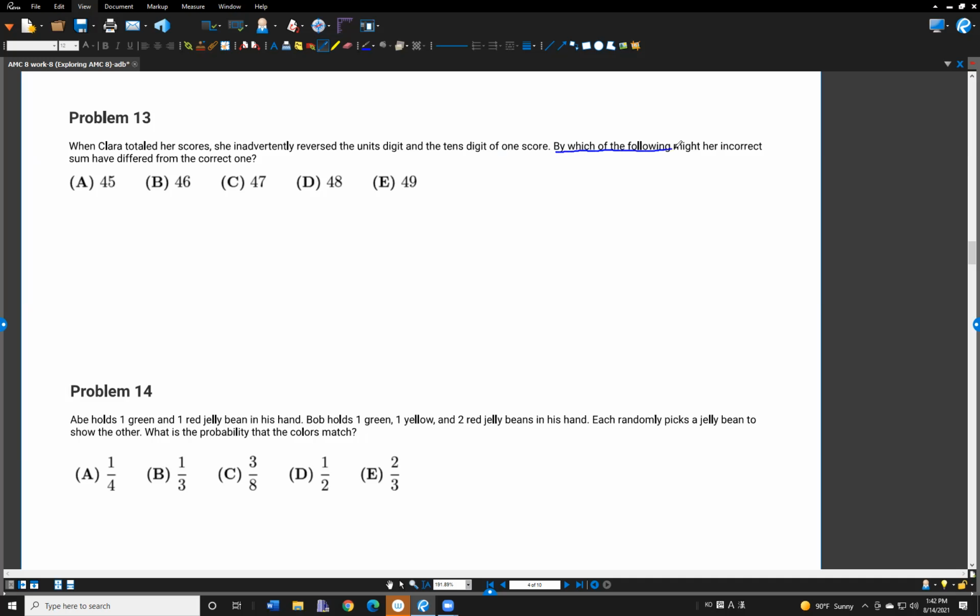By which of the following possibly might her incorrect sum have differed from the correct one? Which number is a possible difference between these two numbers, okay? That's it. It can be any number, but just one of the numbers, you can choose it, okay?